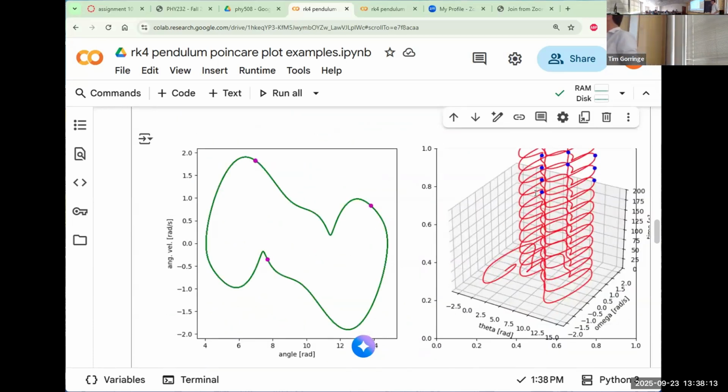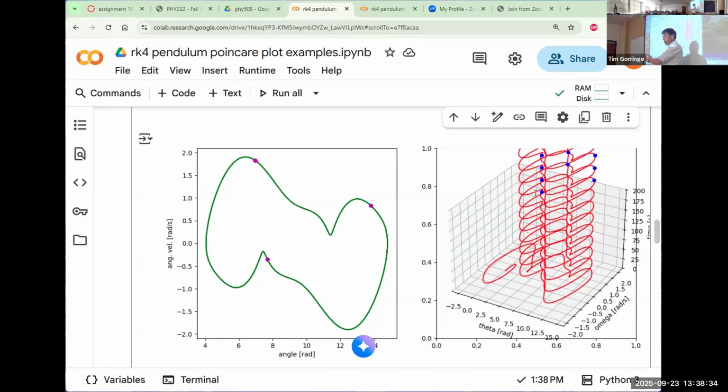And if we do that, we see a further bifurcation. Look at this, it's a much expanded angle in theta.